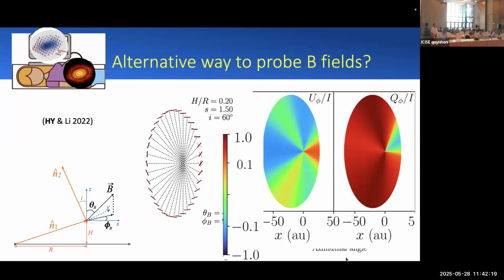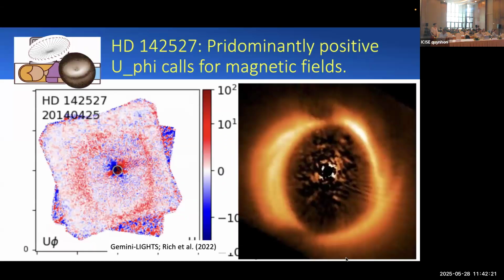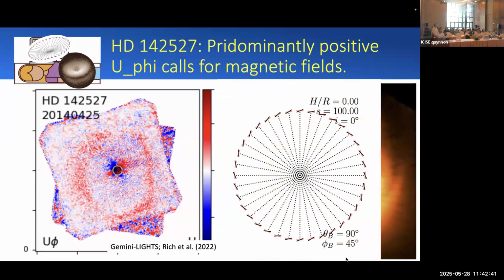That is still observable. This is one case that may be indicative of grain scattering from grain alignment. It has a positive U_phi everywhere. This kind of U_phi cannot be produced unless you have aligned dust grains. If you have spherical dust grains, you can do multiple scatterings, but you won't be able to produce this kind of U_phi. But it will be a natural outcome if you have a twisting B field.